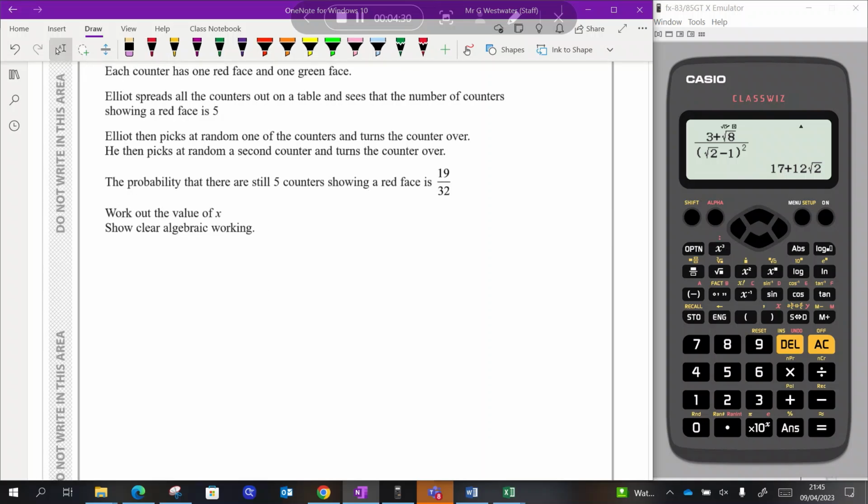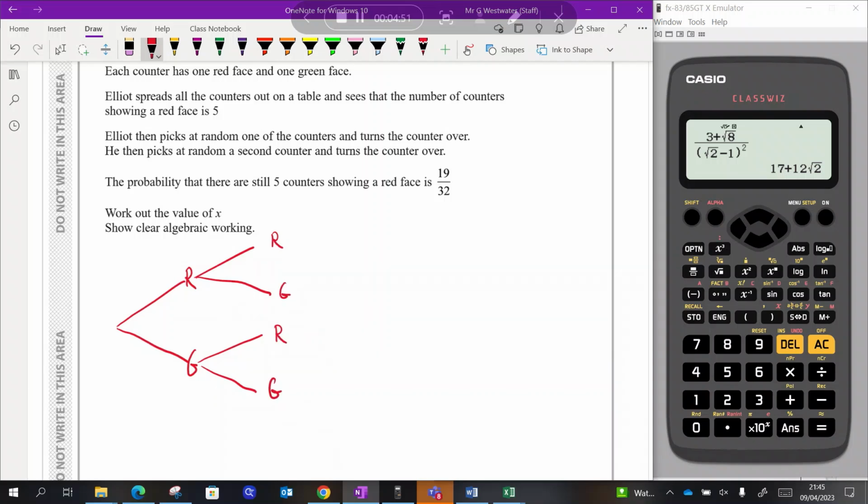So the first thing I'm going to do is show you how my mind is playing this out. I'm thinking about the tree diagram going on here. When I turn the first one over, it could either be red or it could be green. And when I turn the second one over, it could either be red or it could be green. Okay?